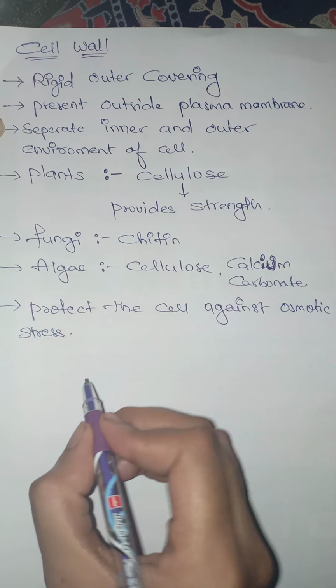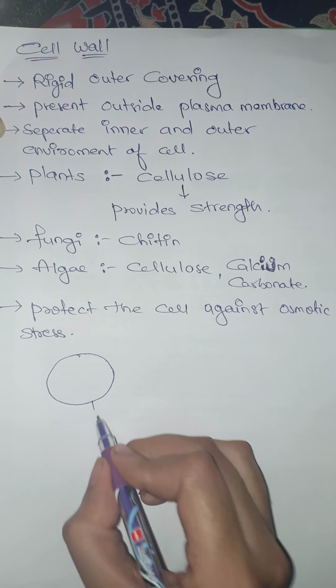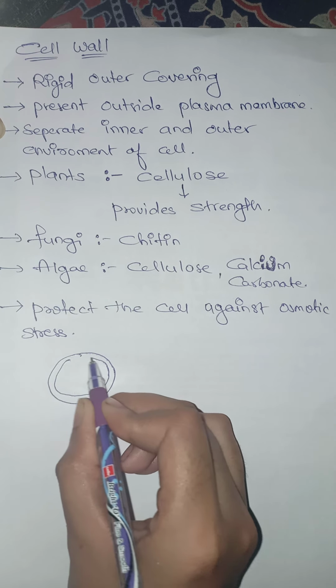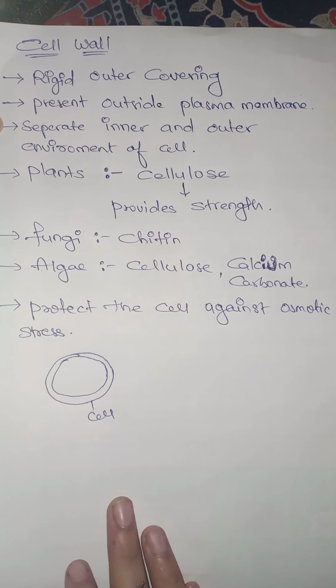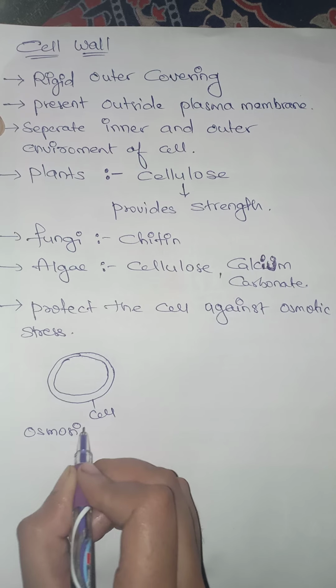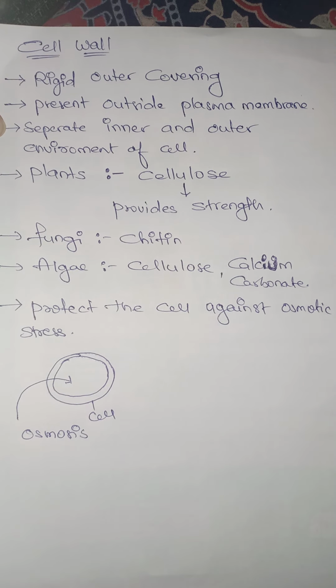When we talk about osmosis, just for example, this is the cell wall and this is the plasma membrane of the cell. Now what is going to happen during osmosis? During osmosis, water molecules are going to enter inside the cell.